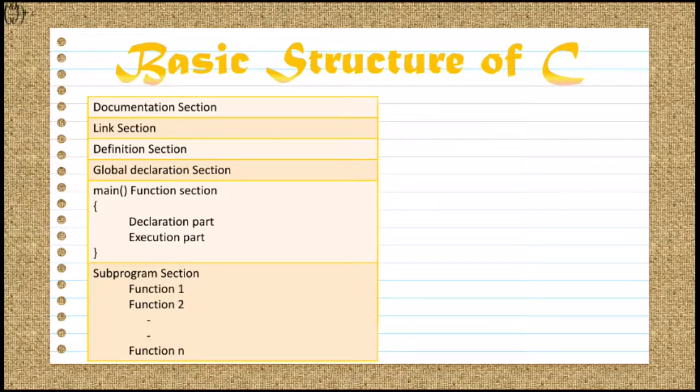All sections except the main function section may be absent when they are not required. So depending on the requirement, you can add or skip the sections available in the C basic structure. But remember that every C program has to include one main function, so you cannot skip the main section.